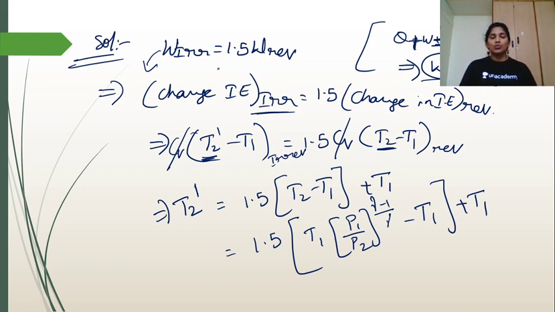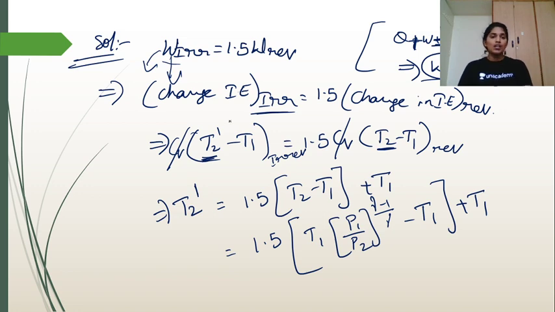As this is an adiabatic process, Q will be 0, and because of this work can be given as change in internal energy. Change in internal energy, whether it is a reversible process or irreversible process, is the same, right? Because it depends only on the initial and final states of the system, as this is a state function.